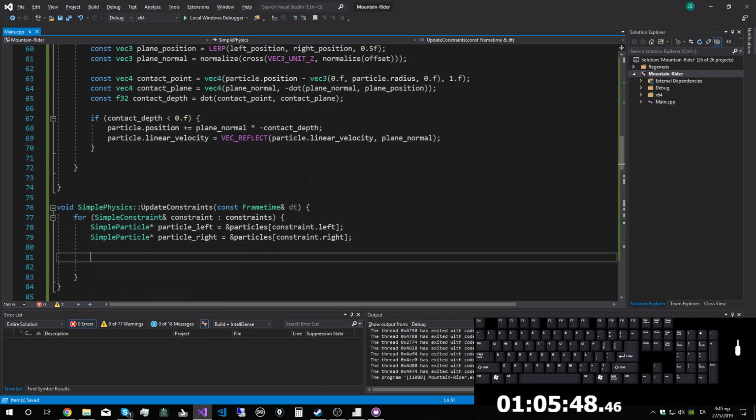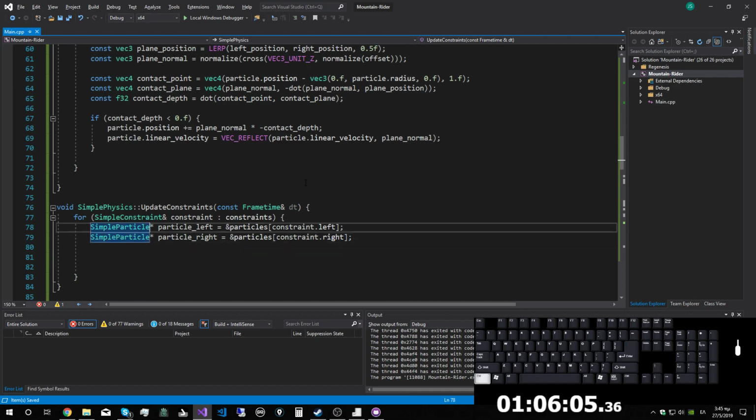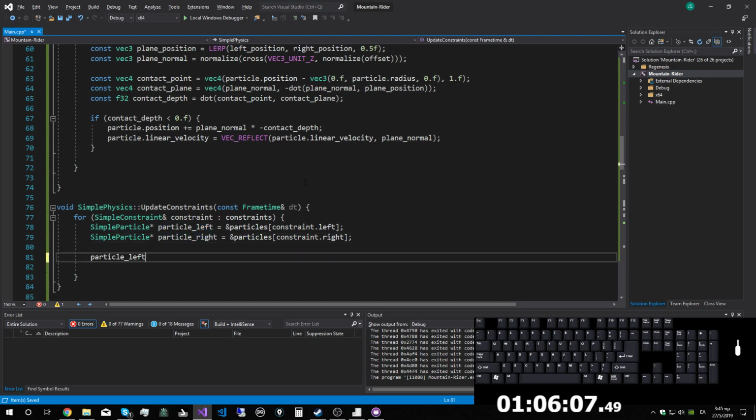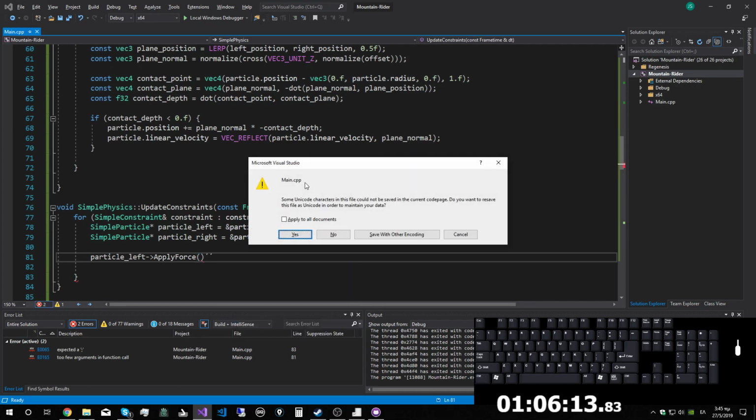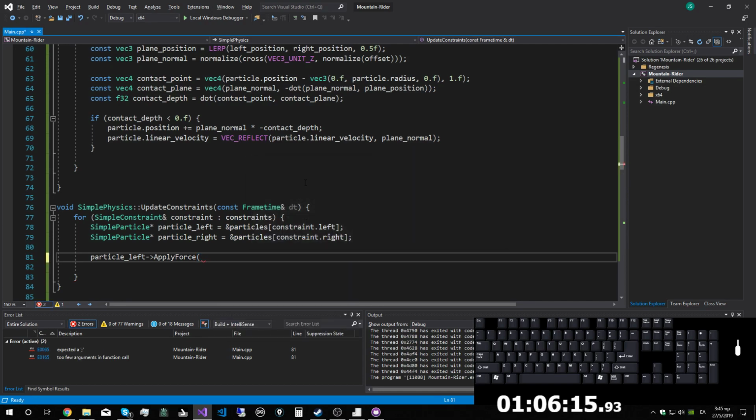And then we will use Hooke's law to make the spring equation. So for the particle left, we need to apply a force.